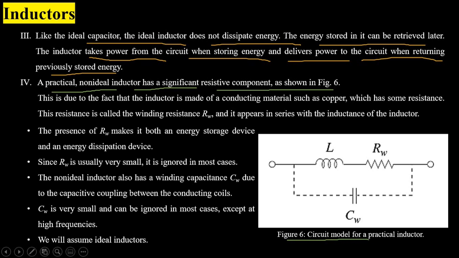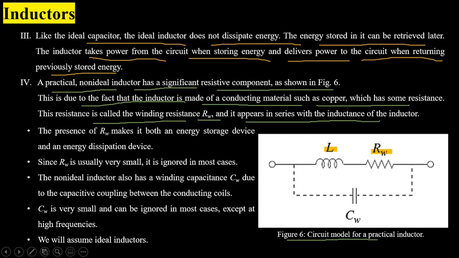This is due to the fact that an inductor is made up of a conducting material such as copper, which has some resistance. This resistance is known as the winding resistance and is represented by Rw, and it appears in series with the inductance of the inductor, as you can see from figure 6.